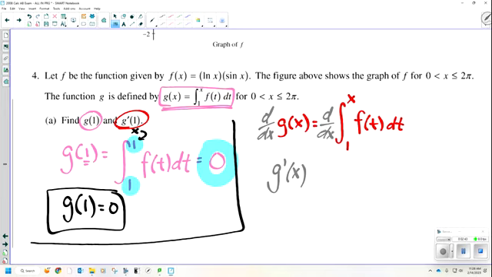And the wonderful thing happens when I take the derivative of an integral, they kind of go bye-bye. And the dummy variable goes away too. The upper bound, whatever variable or expression that is, goes in for the t. So really, it just equals f of x.